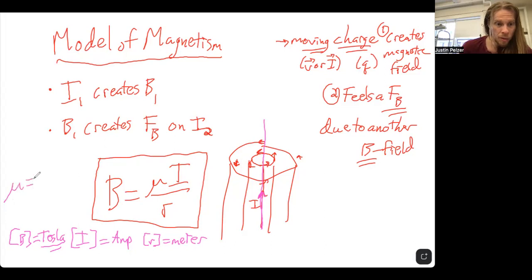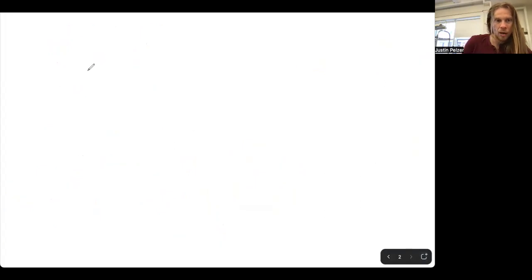The magnetic permeability is defined. This is an exact definition. It's one of the few constants that's actually defined. This actually defines a Tesla. Sorry, it's 2 times 10 to the negative 7 Tesla that occurs a meter away from 1 amp. So let me say that again. If I have a current here of 1 amp, and I go a distance 1 meter away, then I get a magnetic field that points around in a circle like this, which I'll talk about.